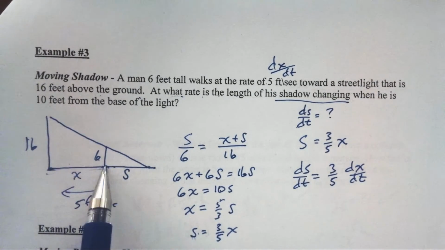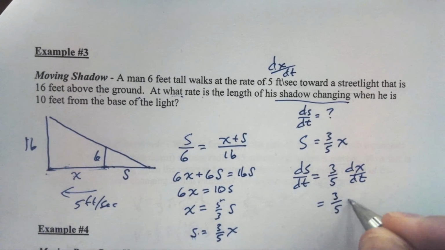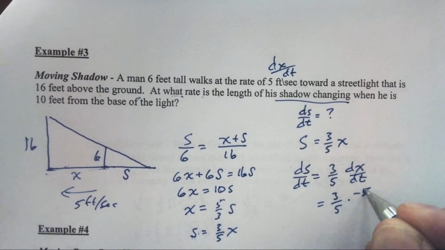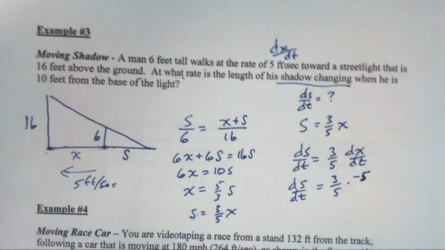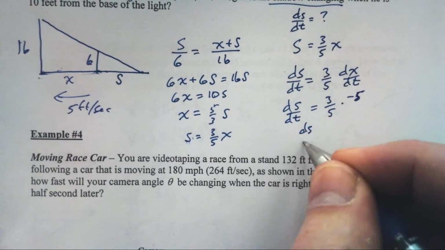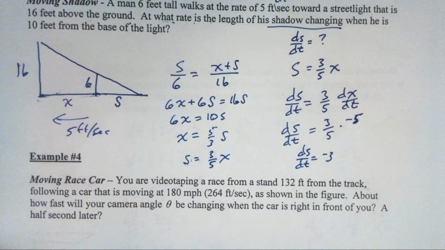So that x is shrinking, so that equals 3/5 times, if you like, -5, but that could be a false leader for us. We've got to be careful we answer the question. So ds/dt is just -3, and look at that, the 10 wasn't even a player.